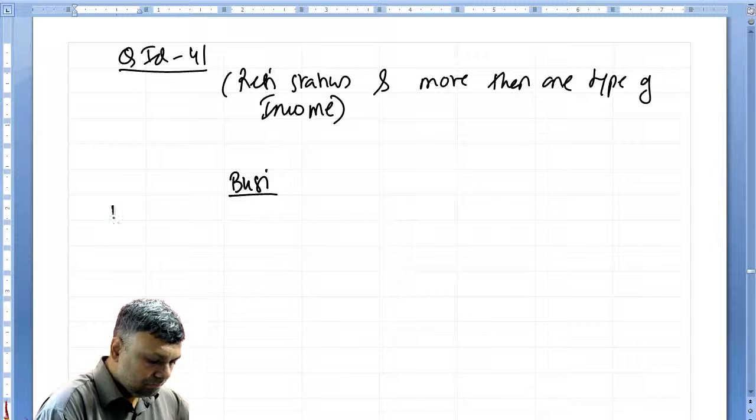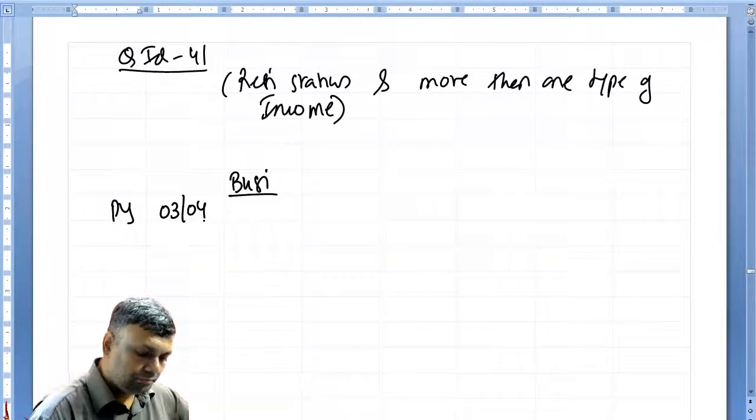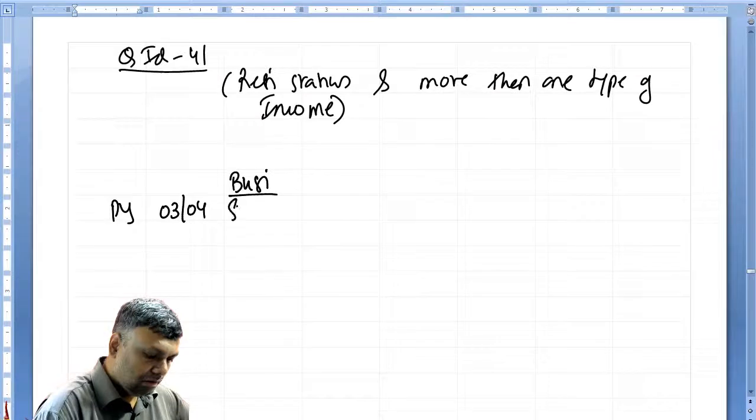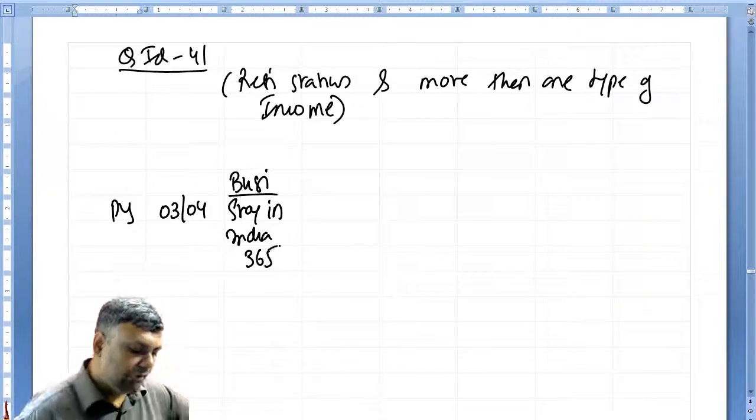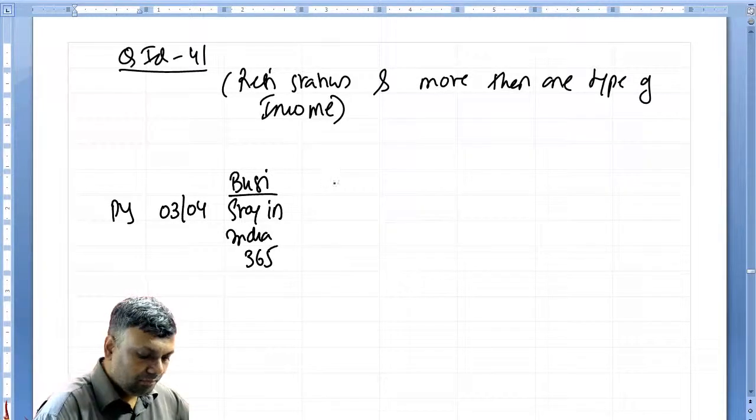Business income, previous year 3-4, stay in India is full 365 days. Residential status, resident.